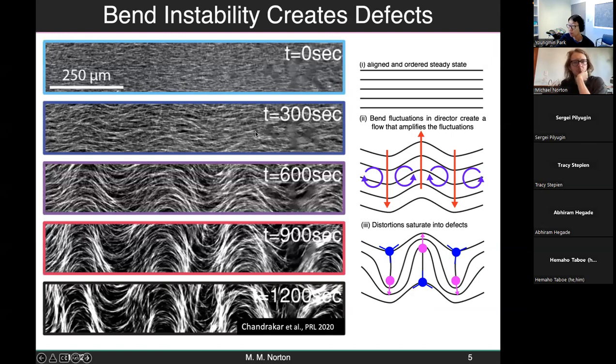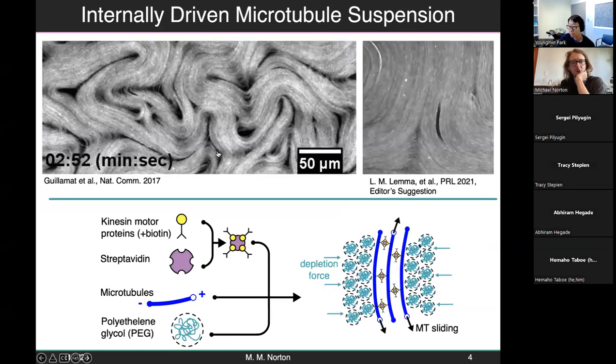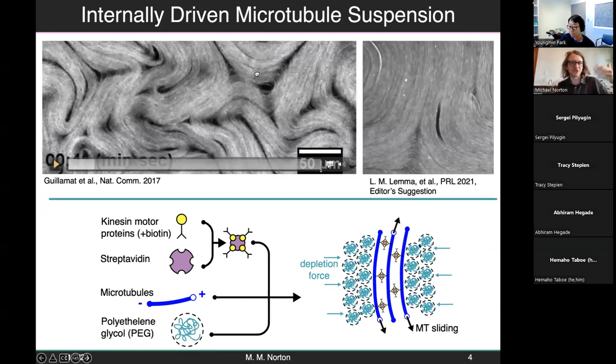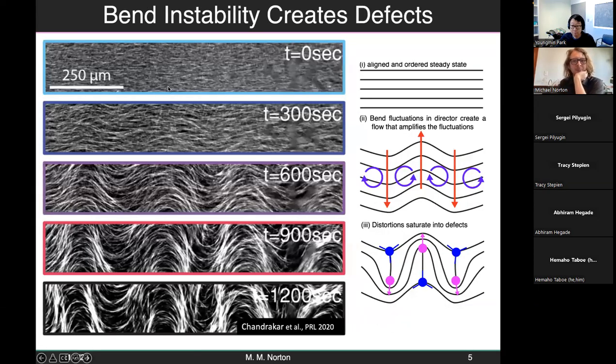Yeah, and so one thing that you notice about this material is this striking texture. What's responsible for generating this particular kind of stretched taffy looking material is what we call a bend instability.